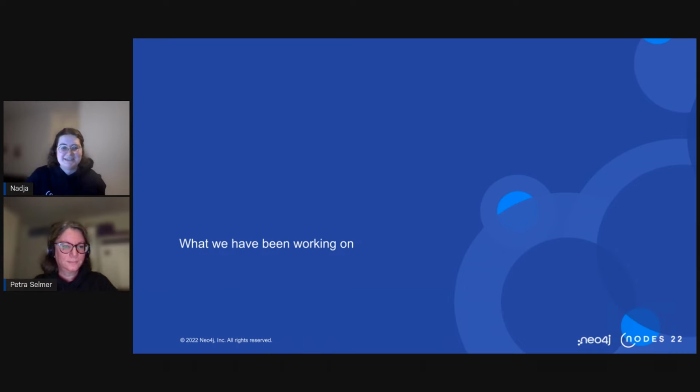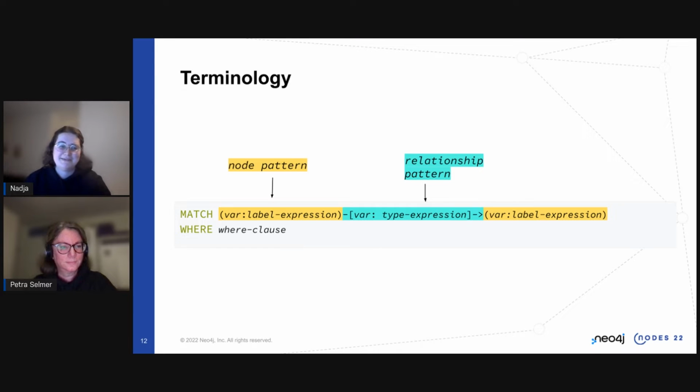And with that, I think we are ready to go on to the topic of what we've been working on concretely, and that is already in 5.0. But first, a bit of terminology. In a match statement, we allow a pattern, and this usually consists of node patterns and relationship patterns.